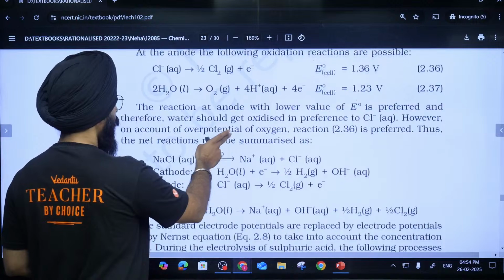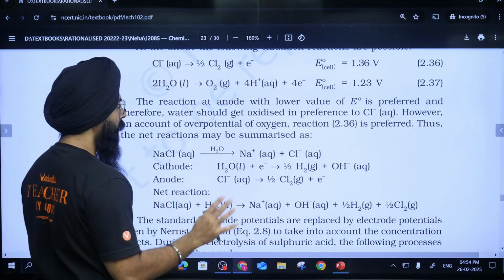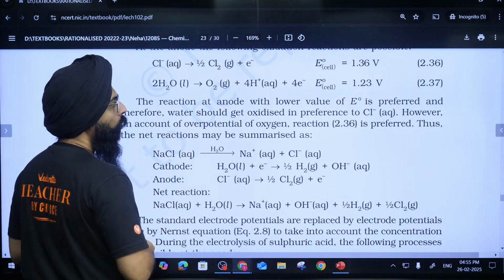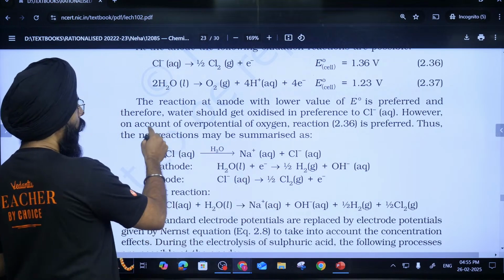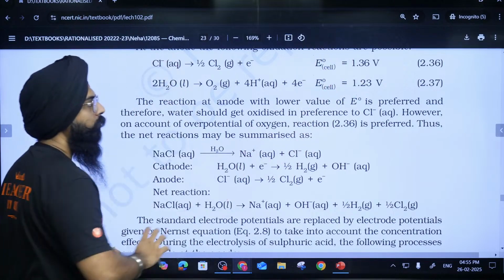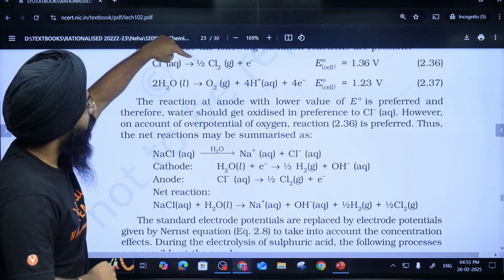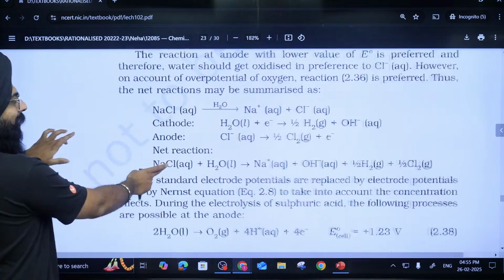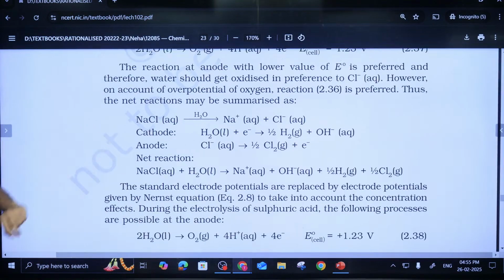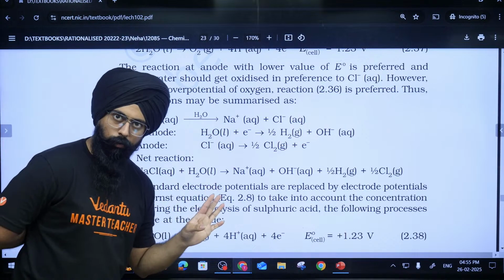The reaction at the anode with the lower value of E0 is preferred, and therefore water should get oxidized in preference to chloride. However, on account of the overpotential of oxygen, reaction 2.36 is preferred. So, what are the reactions that will happen? Please have a look at the reaction. On the cathode, water will get reduced.